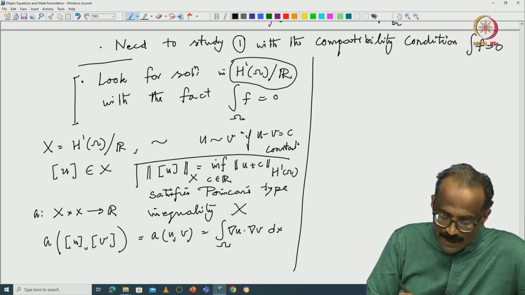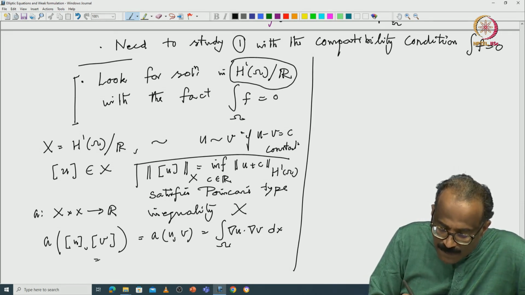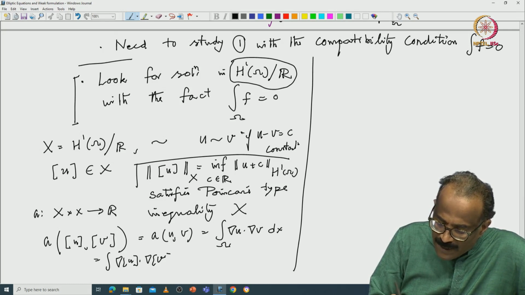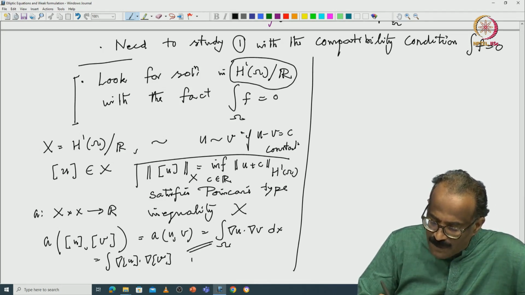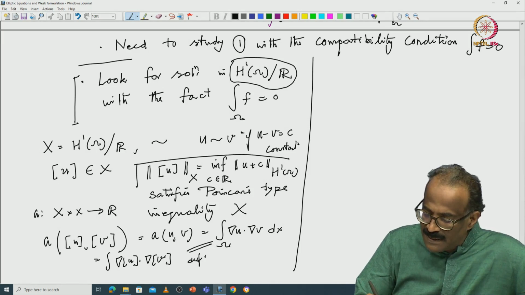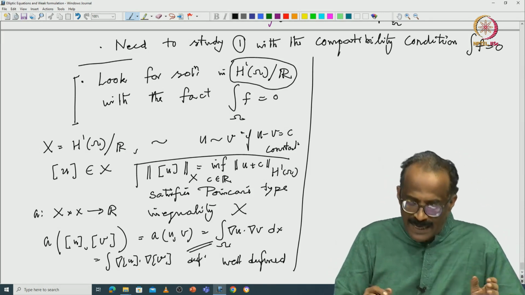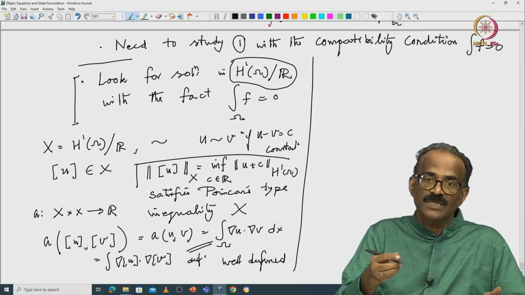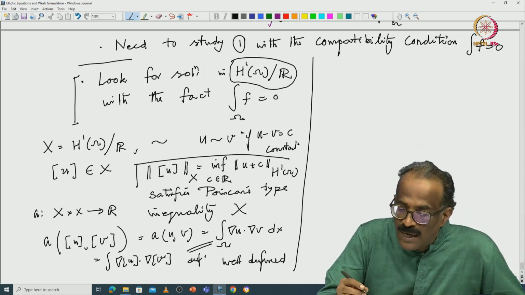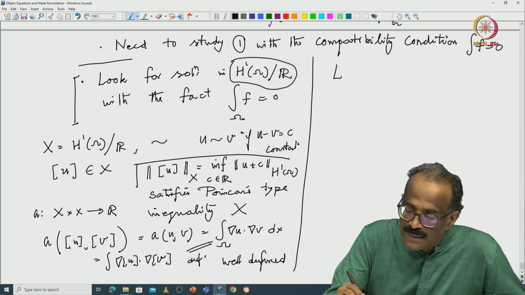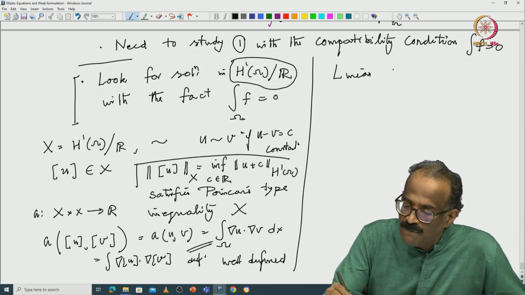By definition this is well defined, because whichever point you choose from the equivalence class, it does not matter, because you are only adding a constant and the gradient of the constant is equal to 0.